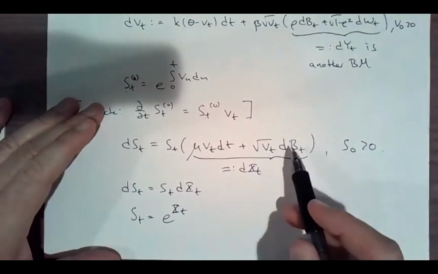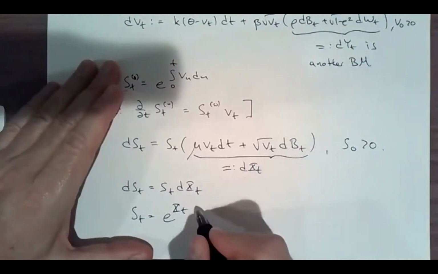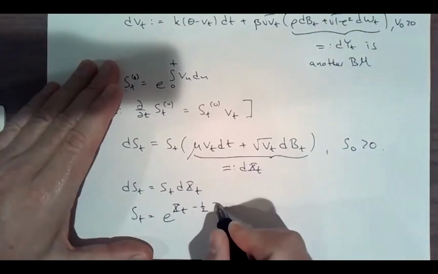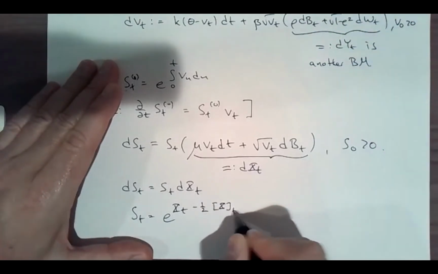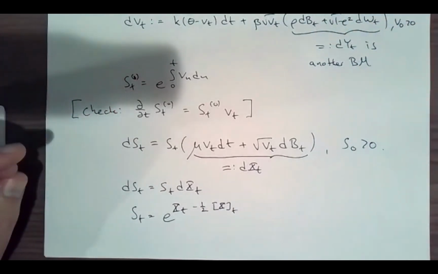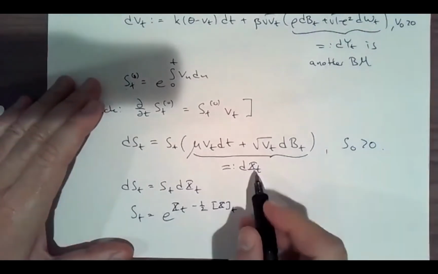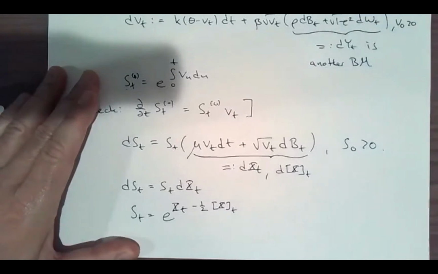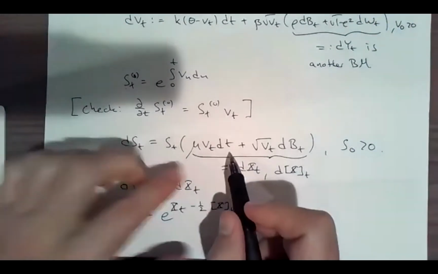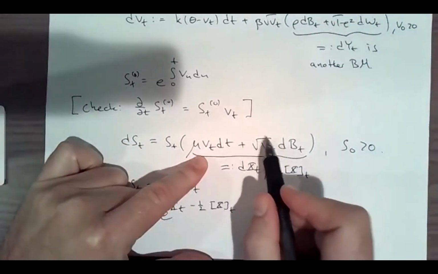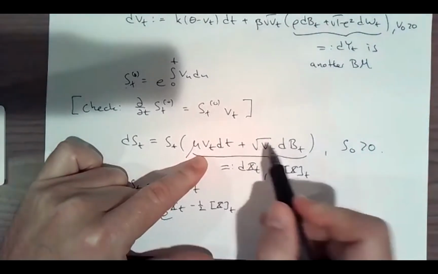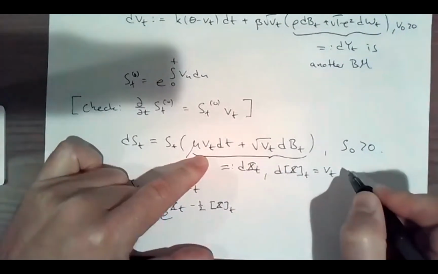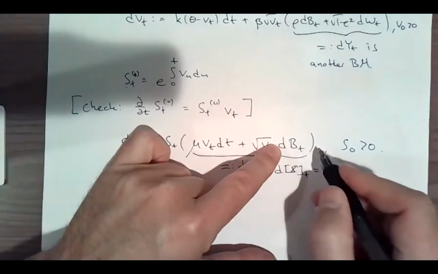But because there's Brownian motion over here, we have to be careful. We know that there's going to be something with a half and then the quadratic variation of X. Like in the dynamics of the quadratic variation, we get that from squaring the volatility and then the quadratic variation of Brownian motion.